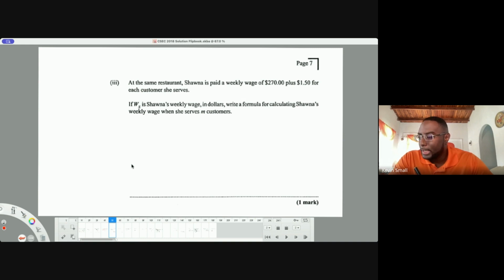Now, she is getting paid this different rate, I don't know, but it's not our problem. Our goal is to write a formula in terms of M and WS for her weekly wage. So how are we going to do this? Anyone can suggest a formula for her?